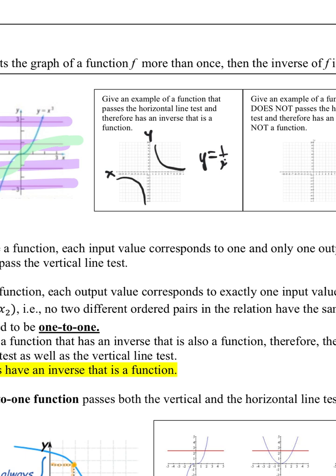Right? Can I draw a horizontal line and pass through anything more than once? No. Another one? The cubic function? Okay, so y equals the cube root of x. Yeah? So what does that look like?